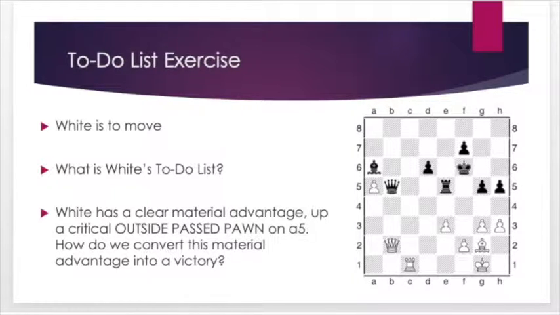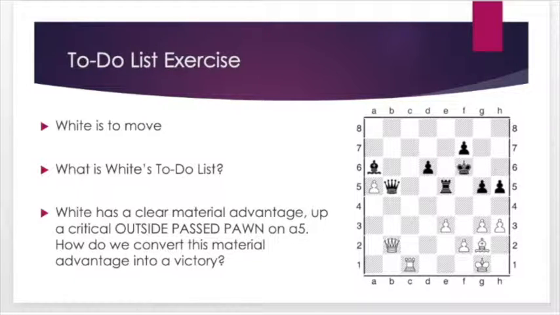Since we know that's the critical imbalance, how can we turn that critical imbalance into a win? Well, as we discussed in how the pawns move, ultimately we want the pawns to get all the way down the board to the end so that we can create a new queen and then use that queen to win the game. So the best way of going about this is to try to think how we can make that a pawn into a queen.